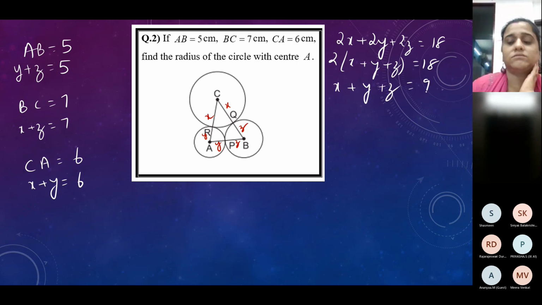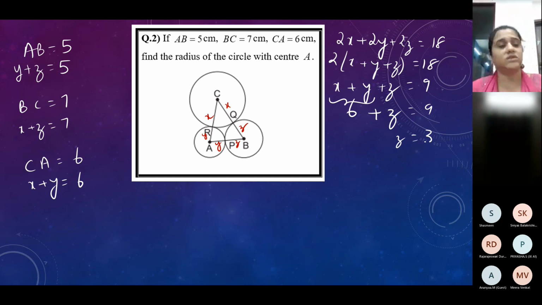Correct. Like, X plus Y is 6, so X plus Y is 6, therefore Z is 3. Very good. Now when z is 3, here we have Z plus X equals 7, so x will be 7 minus 3, 4.